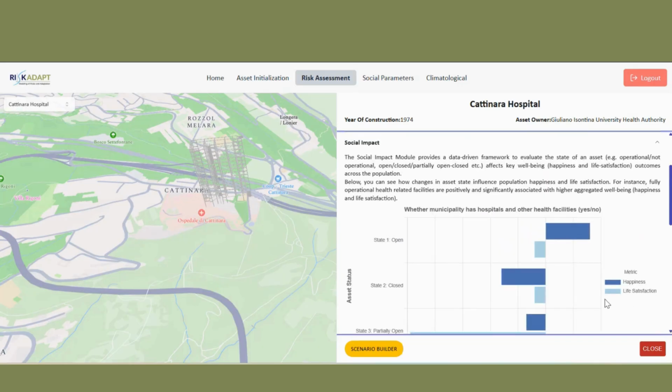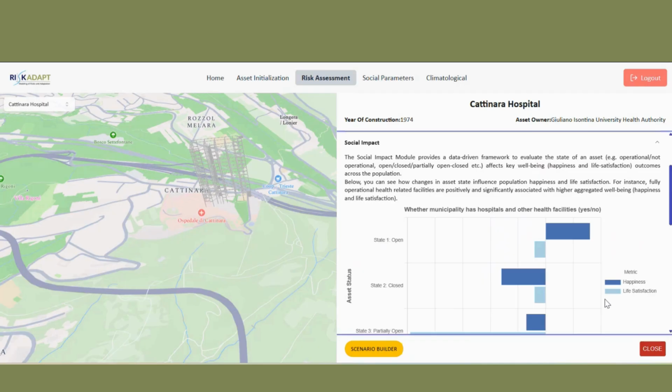For the social impact, the corresponding partner was the University of Groningen. They use microsimulation analysis in order to estimate how the state of the asset, the state of the hospital, whether it is fully open, partially open or closed, affects the well-being of citizens.